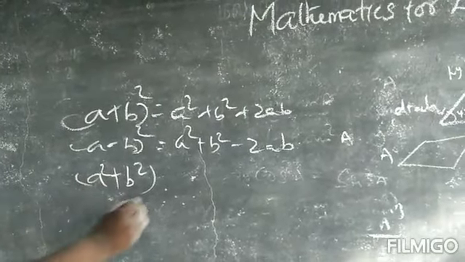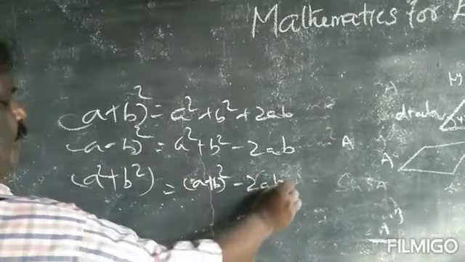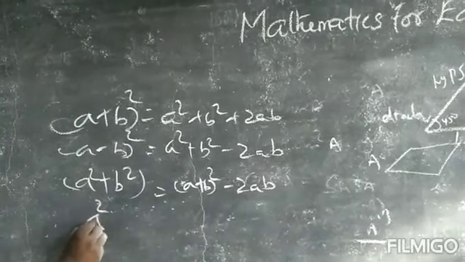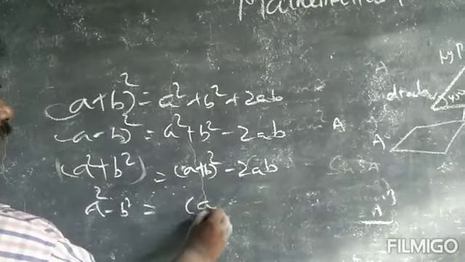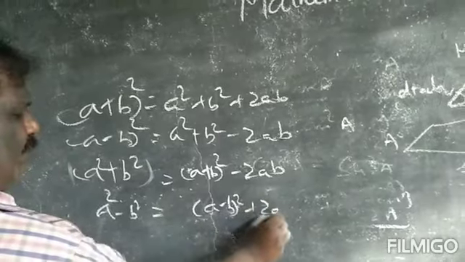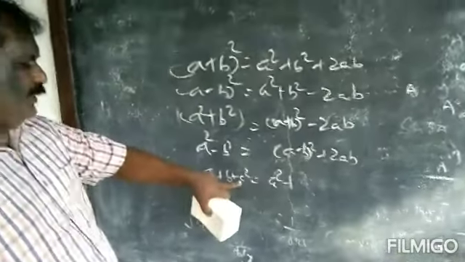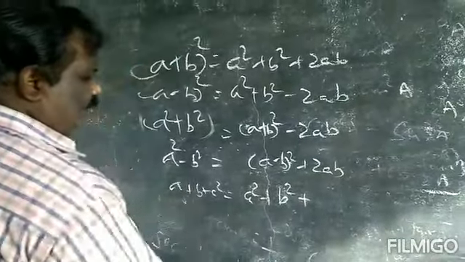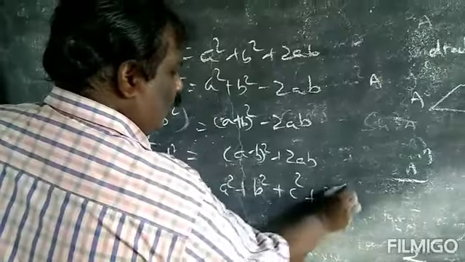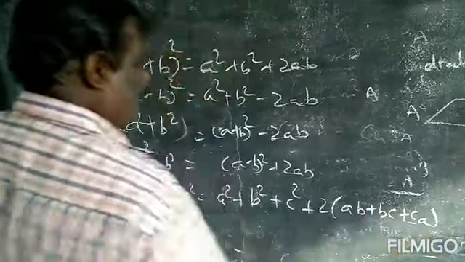A square plus b square is equal to a plus b square minus 2ab. A square plus b square is equal to a minus b square plus 2ab. A plus b plus c square is equal to a square plus b square plus c square plus 2 into ab plus bc plus ca.